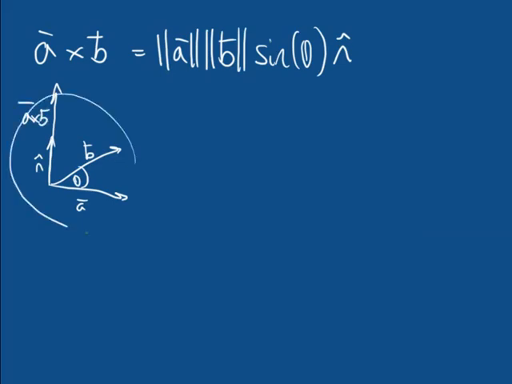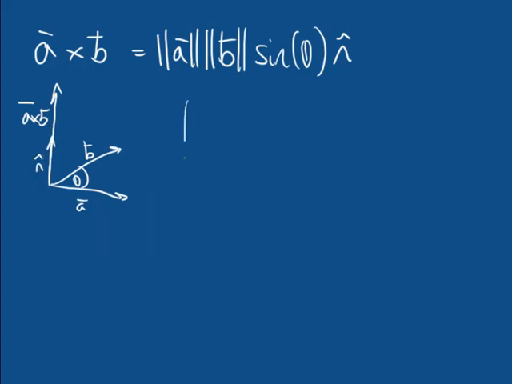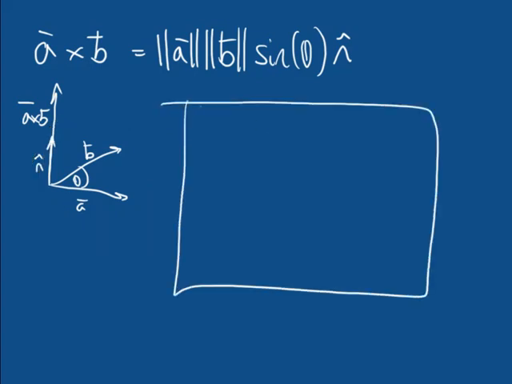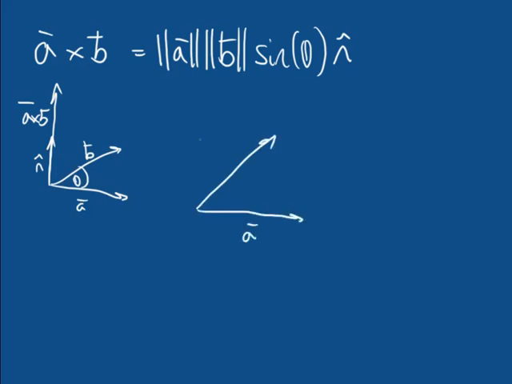Well, if we were looking at these vectors here and we were looking directly down in the opposite direction to our n vector, we could imagine looking at these vectors as if our whiteboard here was the plane that these two vectors lay on, and our normal vector is sticking straight out the screen towards us. So we'd see something that looks a bit like this. We'd see a vector A, a vector B, and some angle between them.